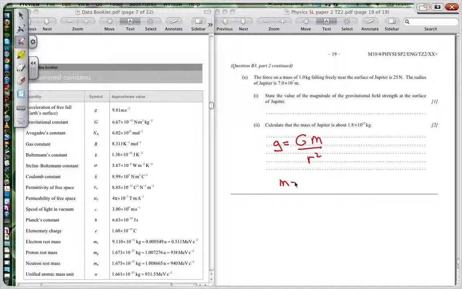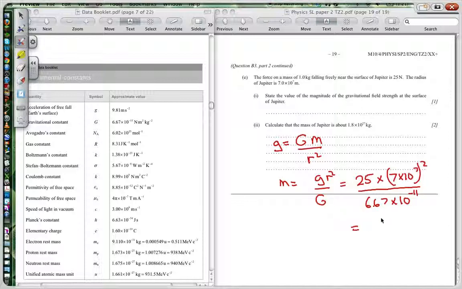So the mass is equal to g r squared divided by big G. So this is 25 times our r squared, which is 7 times 10 to the 7, and we're going to square that, and we're going to divide that by our 6.67 times 10 to the negative 11, and we're going to get something like, I think, 1.8, hopefully this will work out, times 10 to the 27 kilograms when you do that. Alright, so that's just that question over there.